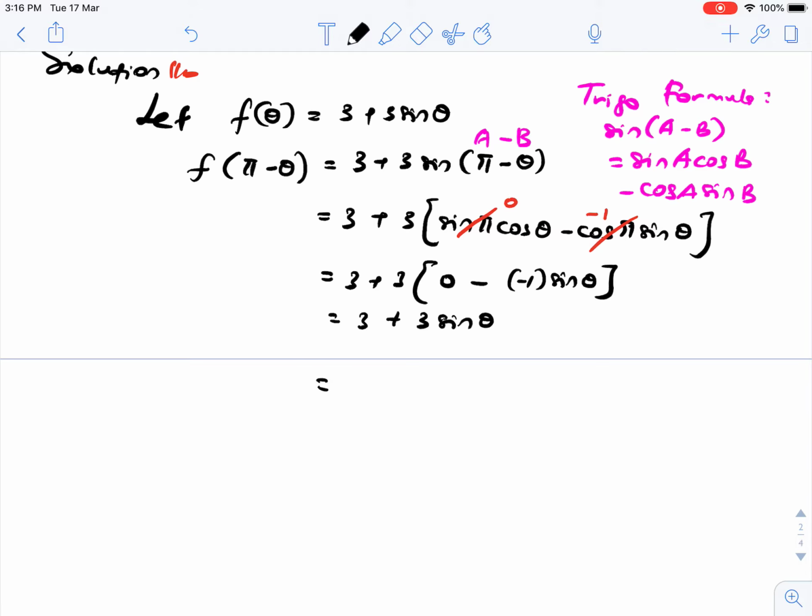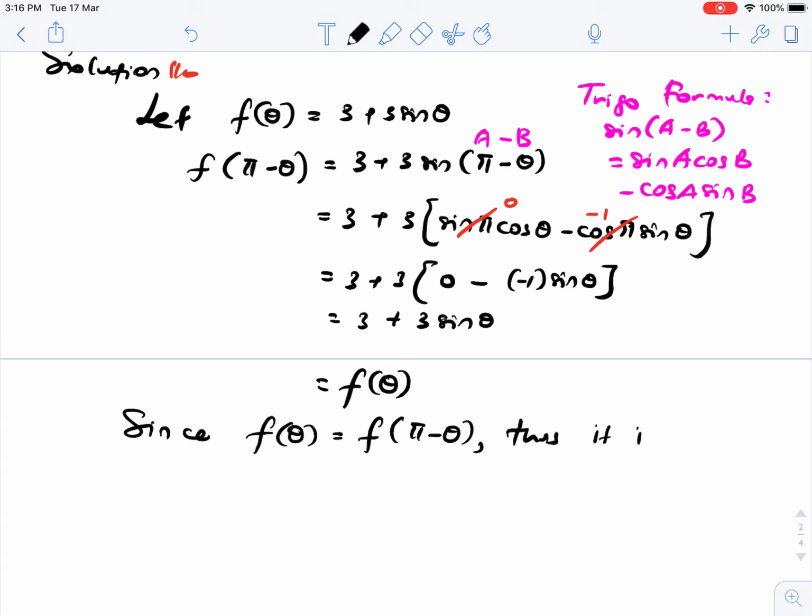So yes, from here we can show that this is equal to f(theta). So the conclusion is, since f(theta) is equivalent to f(pi minus theta), thus it is symmetric about the y-axis.